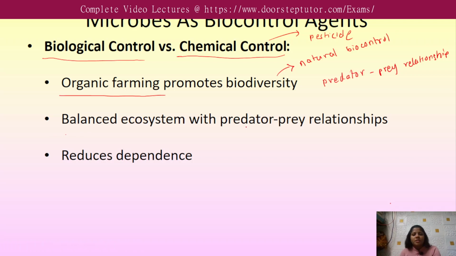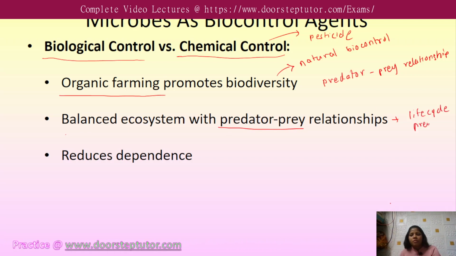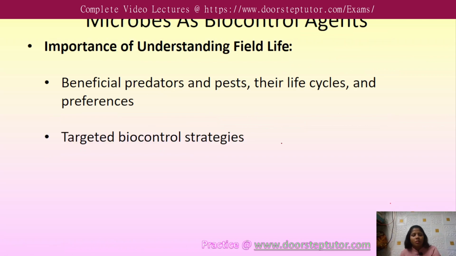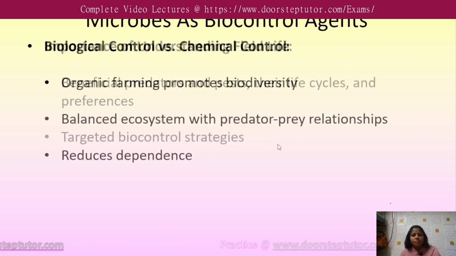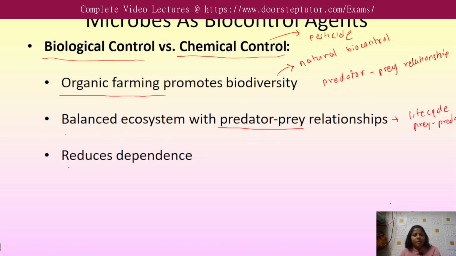It balances the ecosystem with the prey and predator relationship, also the life cycle of prey and predator, and it reduces the dependence on pesticides.